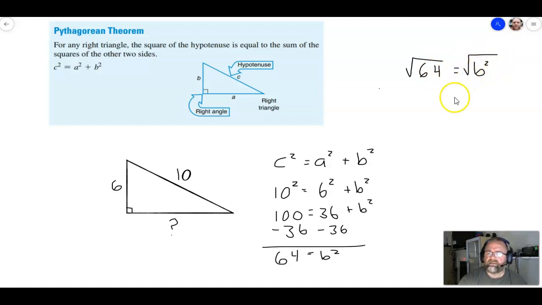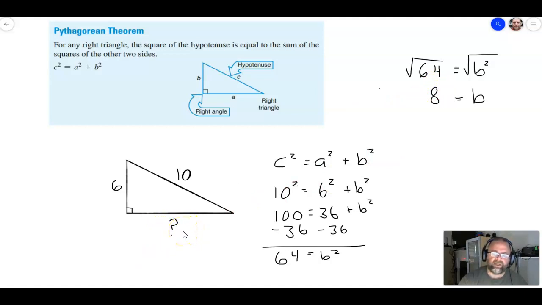The reason I'm doing that is because the square root of b squared is just going to give me b back. And then the square root of 64, normally it would give me a positive or a negative 8. But since we're looking at lengths here, we're only interested in the positive length. So that is going to be 8. So this length side over here is equal to 8.